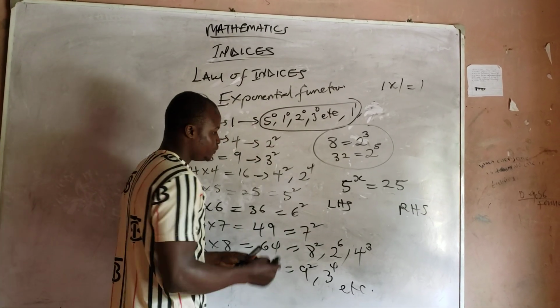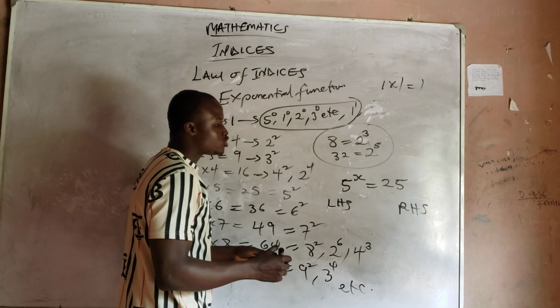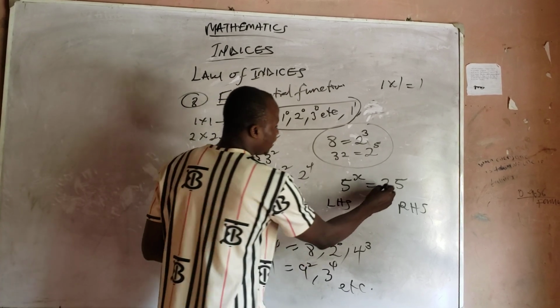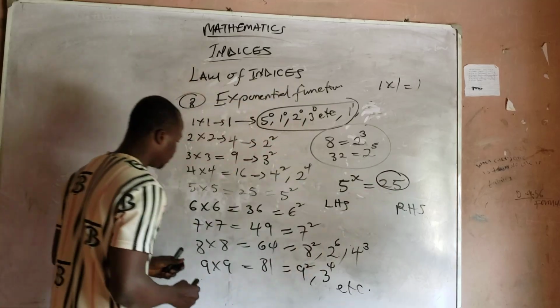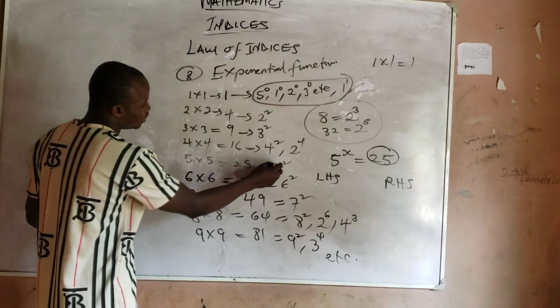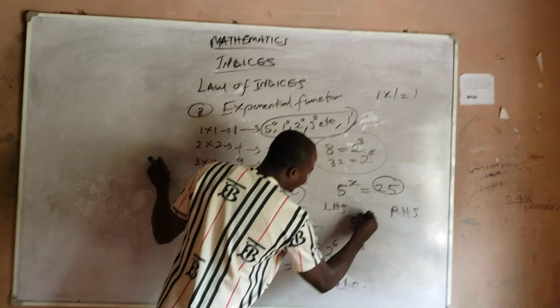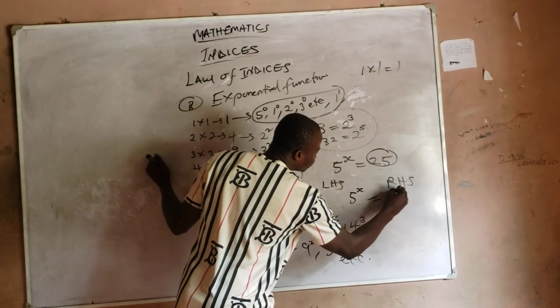So I'm just going to find the index form of the right hand side. What is the index form of 25? The index form of 25 is 5 raised to the power of 2. So you say 5 raised to the power x is equal to 5 raised to the power of 2.